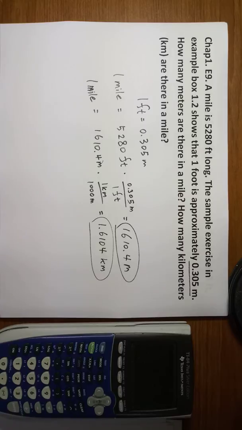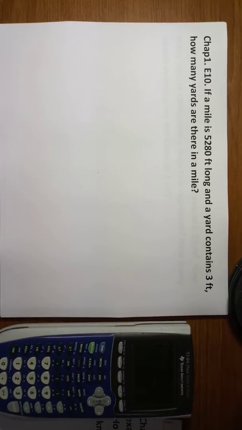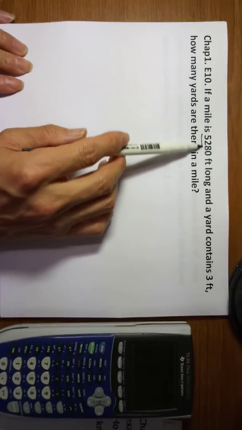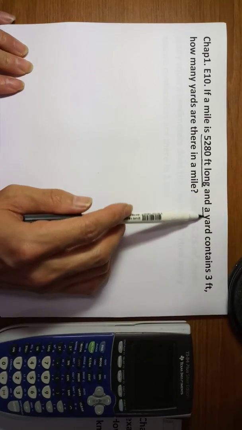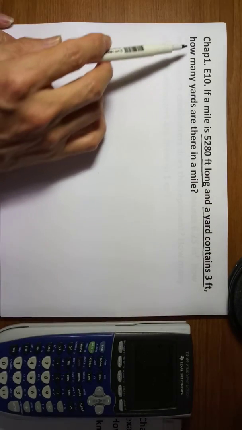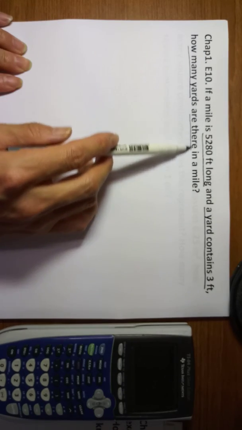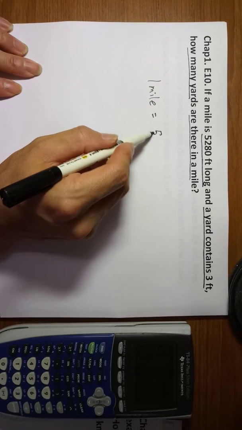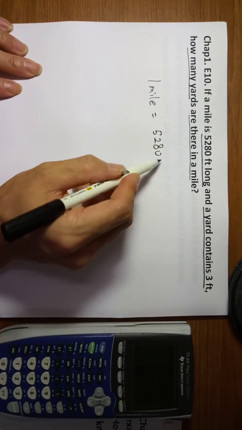Okay, I will continue to the next one. Okay, E10. If a mile is 5,280 feet long and a yard contains 3 feet, how many yards are in a mile? Okay, 1 mile equals 5,280 feet.